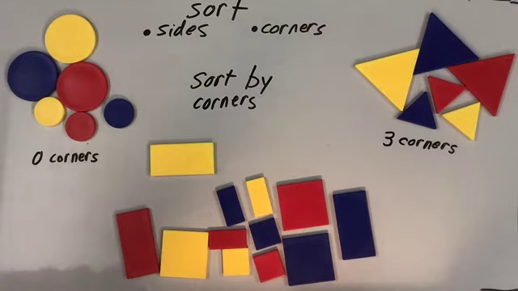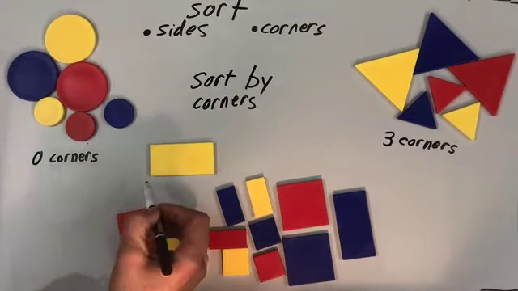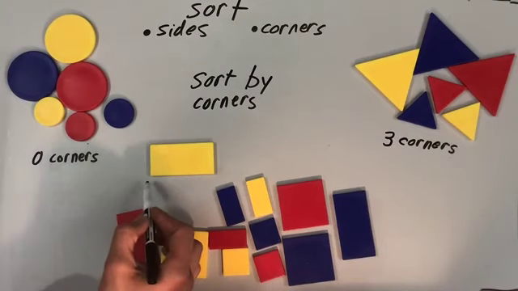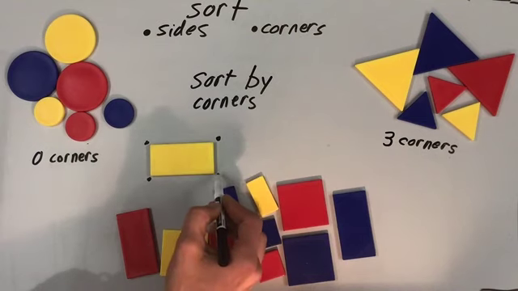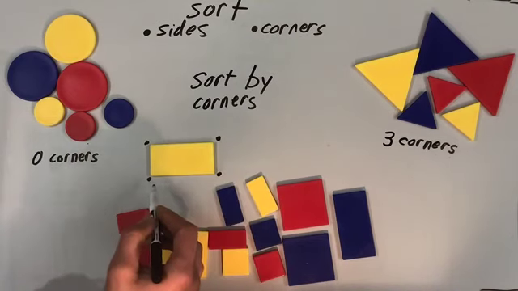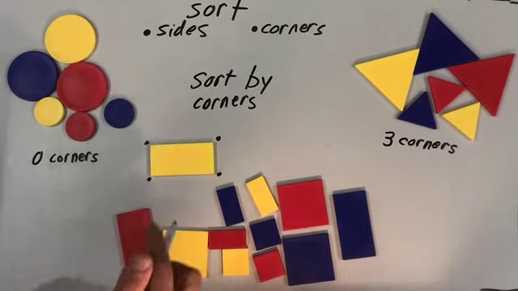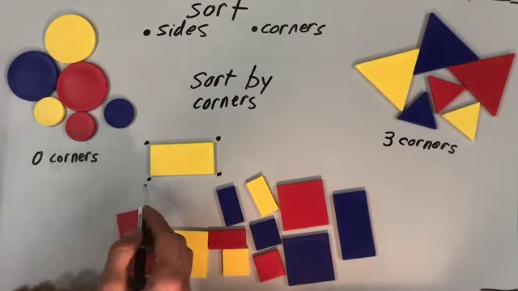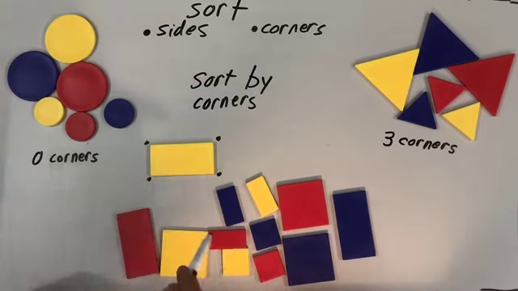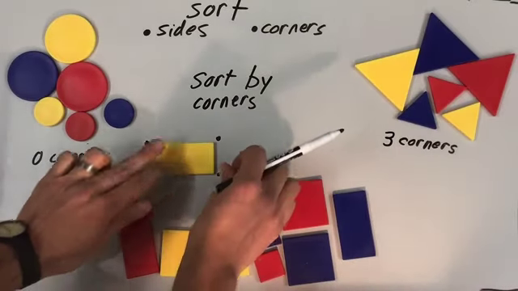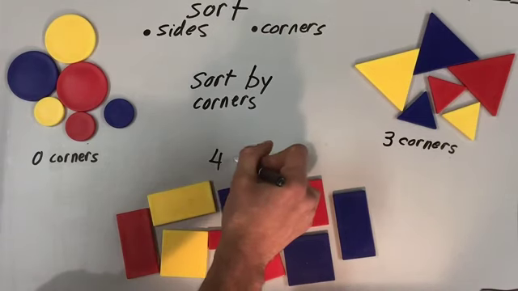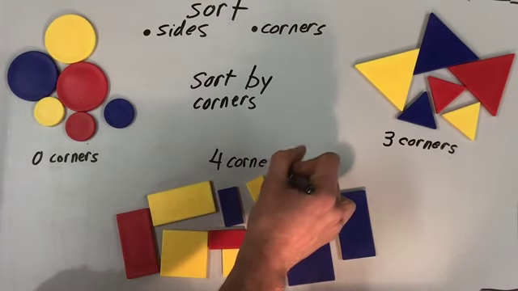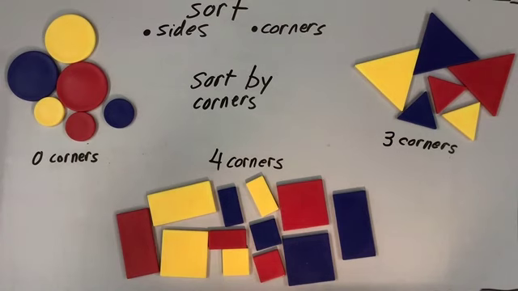And if you're counting on a piece of paper with a picture, I really recommend you make a little mark so you don't count it twice on accident. 1, 2, 3, 4. That way you don't go back and count this one again, because then you count 5 and it's incorrect. Make a little mark when you count your corners or your sides. So I'm going to mark 4 corners.